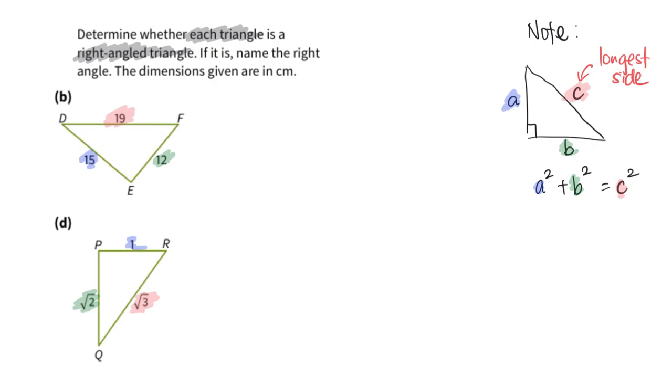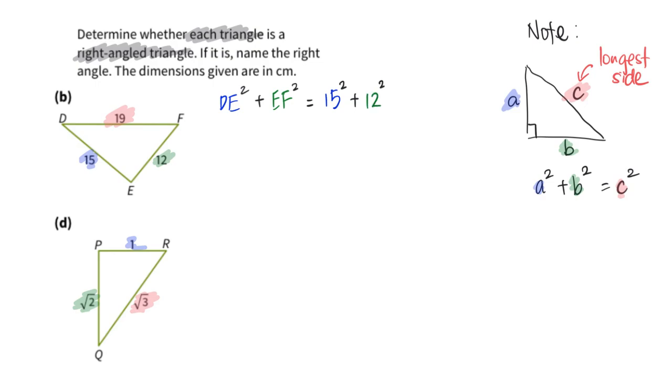Okay? Because I do not yet know whether this is a right angle triangle, I am going to now check for my DE square plus my EF square, and this is actually equals to 15 square plus 12 square.